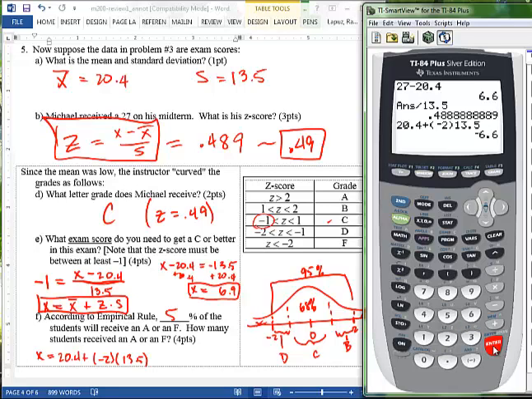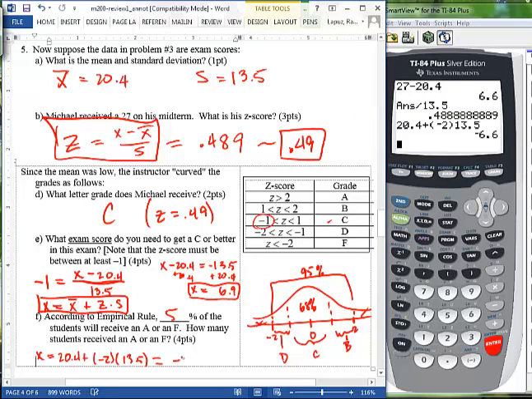And that would give us a negative number. You can't get a negative score, so it looks like nobody gets an F. So -6.6 is the boundary in X terms, or in terms of the exams. So nobody's going to get a score less than that. So it looks like the lowest scores that people are going to get are D's.